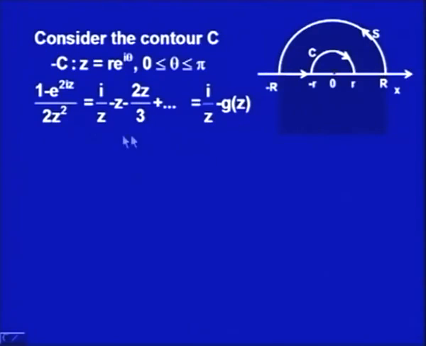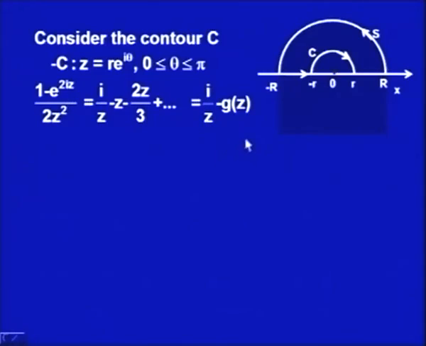Certainly, here we are not using the residue result over here. Rather what we are doing is that we are writing this function into two portions. One portion is analytic, another portion is having the singularity.